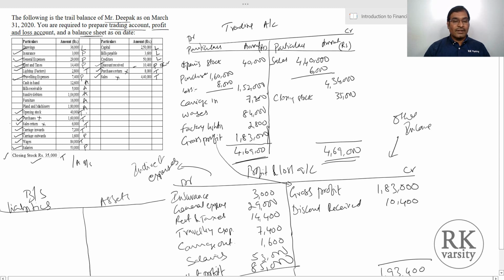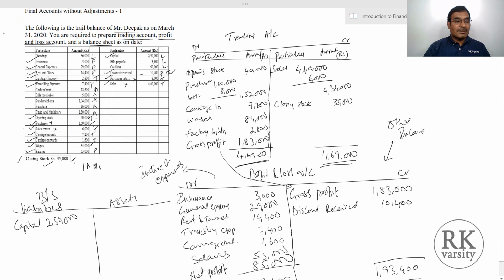So first we look at the liability side. Capital 2,50,000. And from this there are drawings. We deduct this amount, less drawings, 36,000.